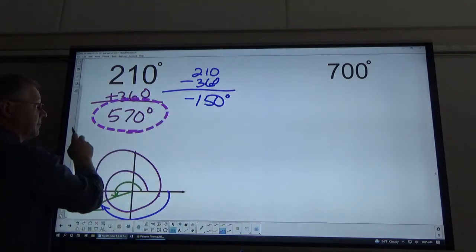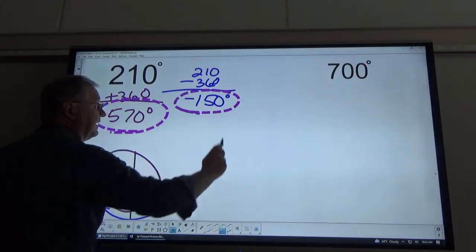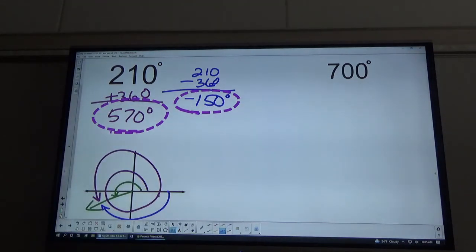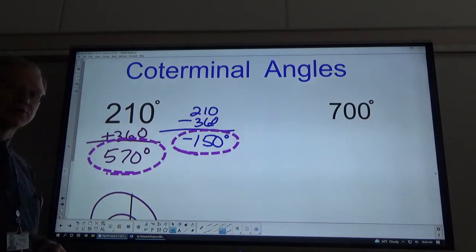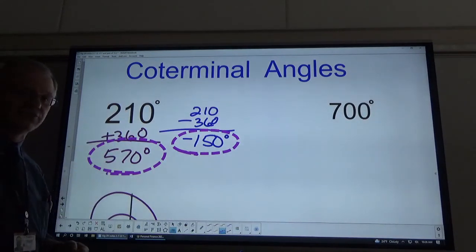So this is a positive one, that is a negative answer. And there's your two coterminal angles that they're looking for. Give 700 a try and find two coterminal angles for 700 degrees.